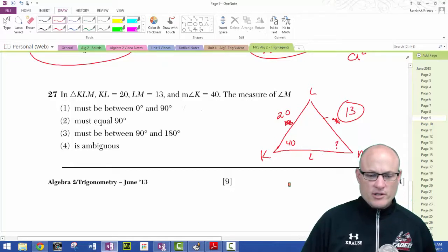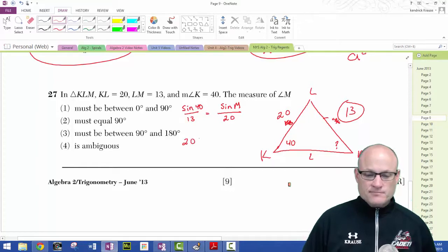Well, I can simply do the law of sines. Sine of 40 over 13 is equal to the sine of M over 20. And if I cross multiply, I get 20 times sine 40 equals 13 times sine M, and then I just divide by 13.